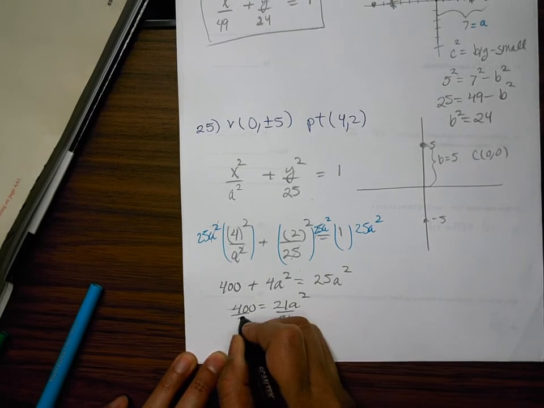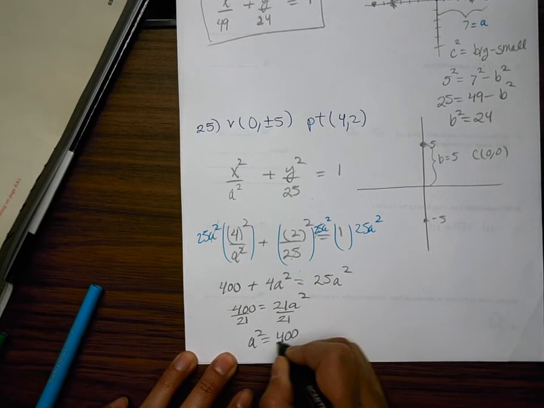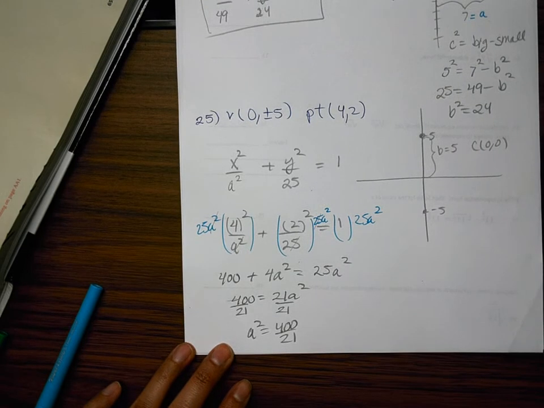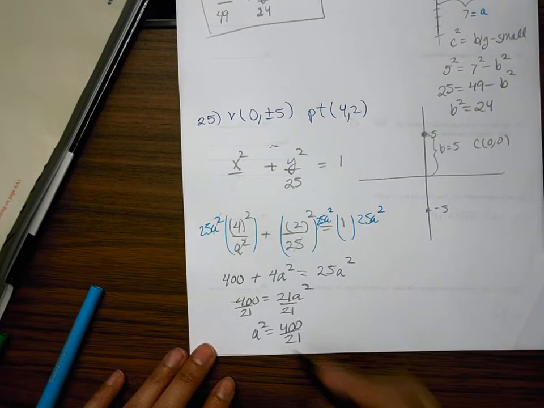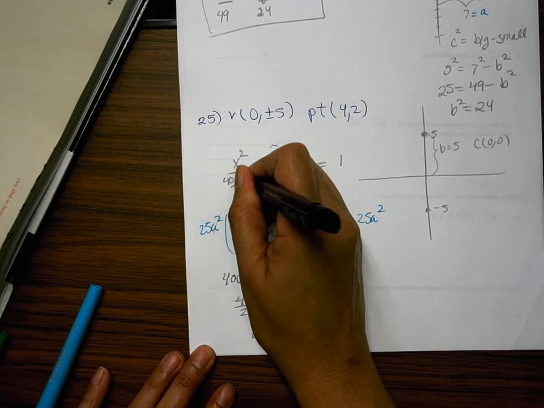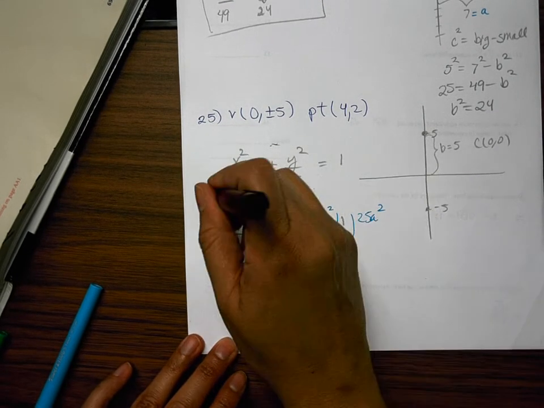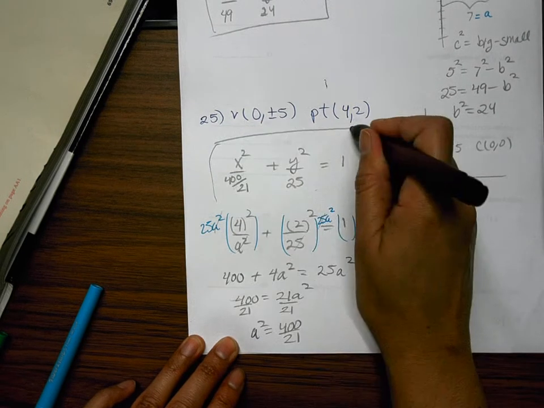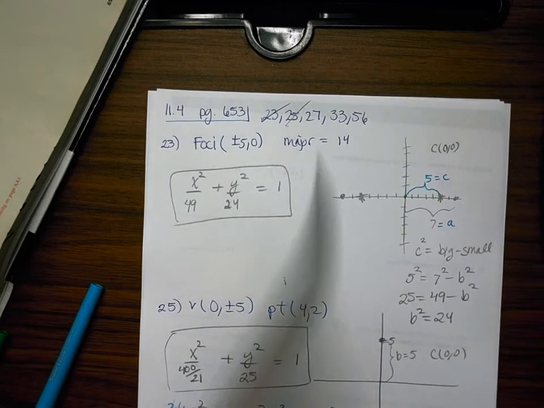Divide both sides by 21. a squared equals 400 over 21. And that's what I put here. Looks wonky, but that is the answer: 400 over 21. That is number 25. My next one is number 27.